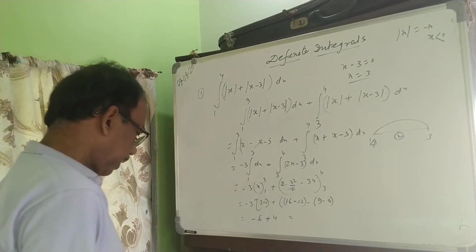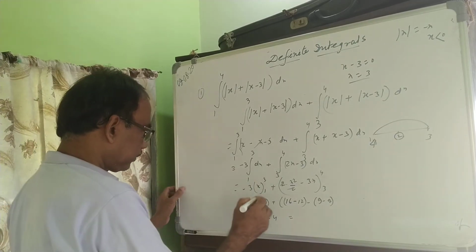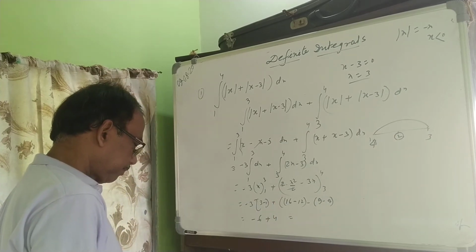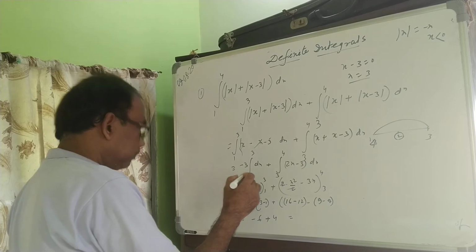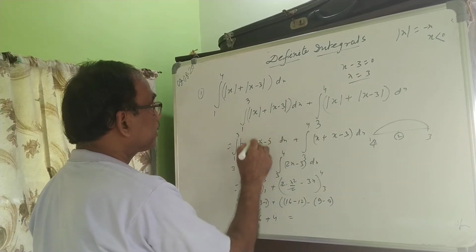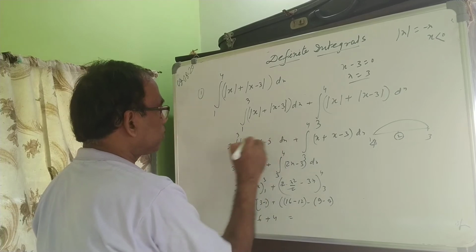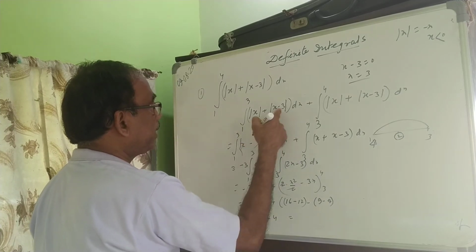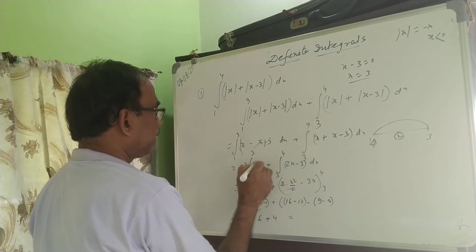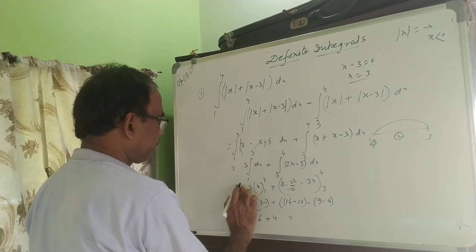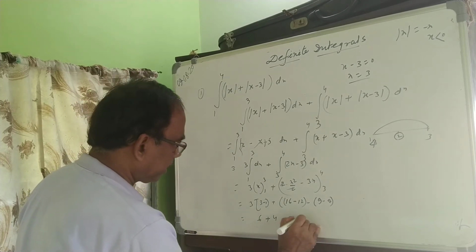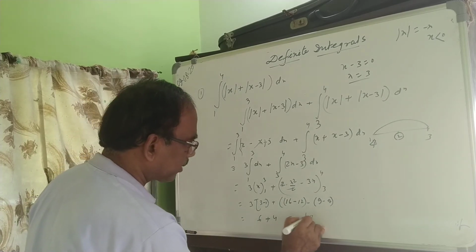Here the answer is 3 minus 2... it is minus, this is minus, this will be positive, it is wrong. The minus will become positive, that is plus, so 3 is positive. 6 plus 4 is 10, which is the answer.